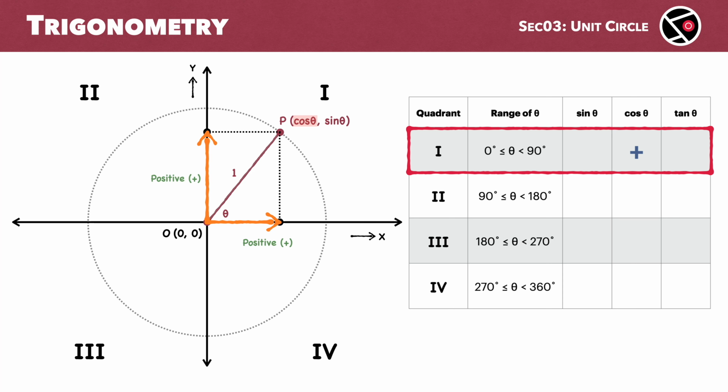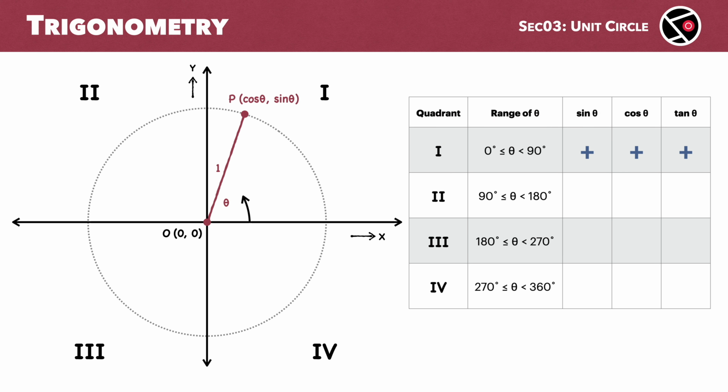And since the y-coordinate corresponds to sin theta, that means sin theta is positive too. Finally, tan theta is simply the ratio of sin theta to cos theta. With both sin theta and cos theta positive, the ratio tan theta must also be positive.